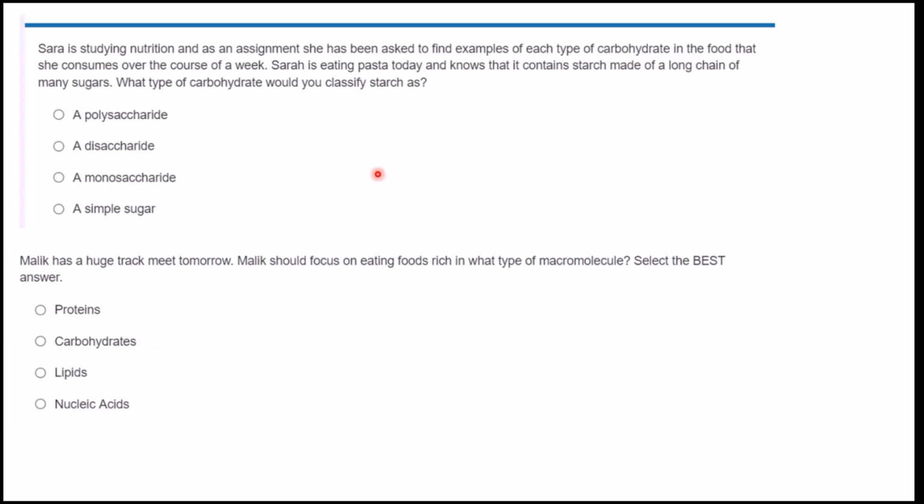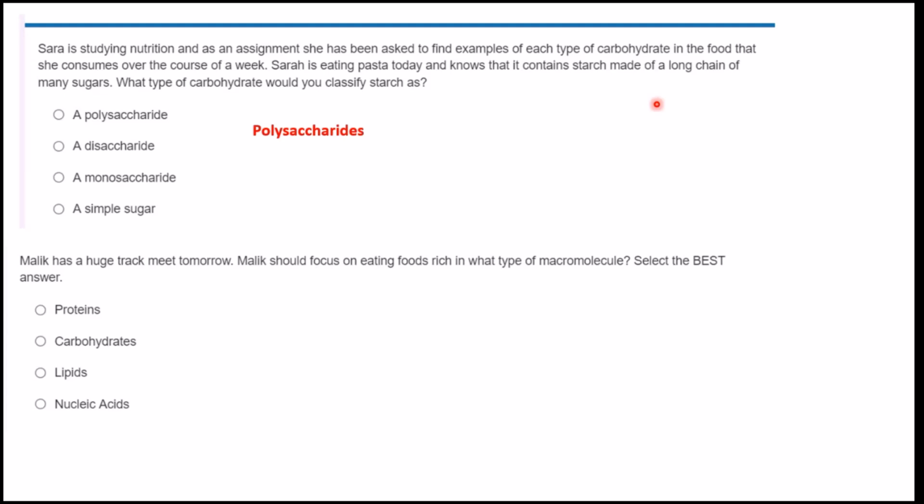Yes, it's polysaccharides. Polysaccharides are complex carbohydrates made of long chains of monosaccharides. We did say that poly means many, and starch is made of many monosaccharides linked together.